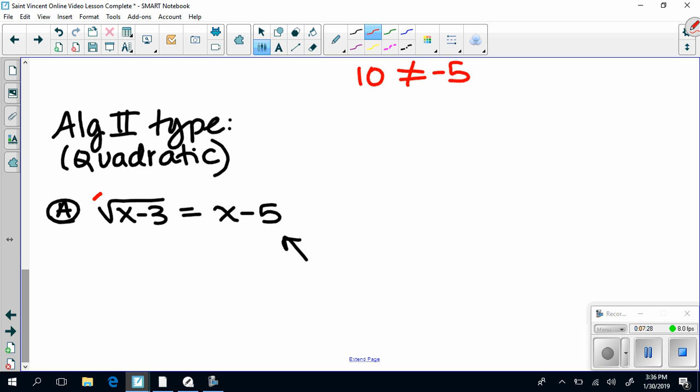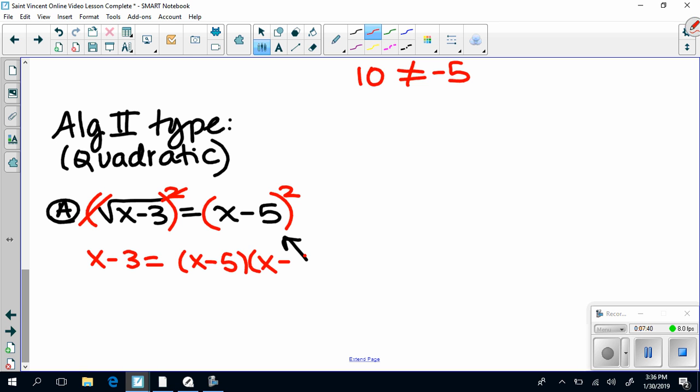So when you square both sides here, yes, the square root's going to go away and you're going to get x minus 3. But the other side is x minus 5 times x minus 5. And you must do FOIL for that.